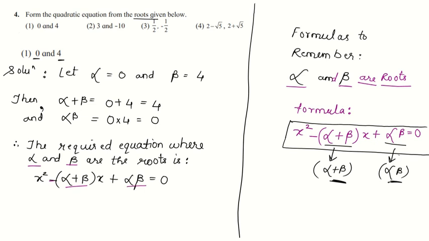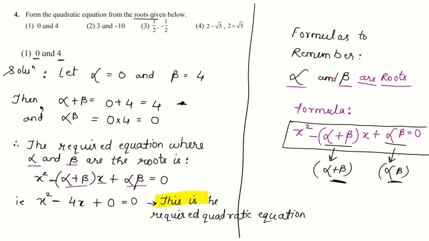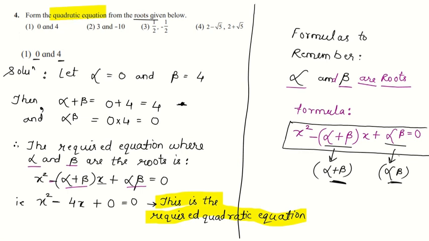As we have the values of both alpha plus beta and alpha into beta, we will write down the equation. x squared as it is, minus alpha plus beta, which is 4, x as it is, plus alpha into beta, which is 0, equal to 0. Understood? Hence this is the required quadratic equation, as asked in the question: form the quadratic equation from the roots given below.